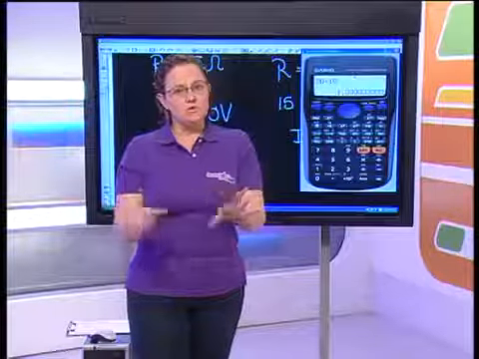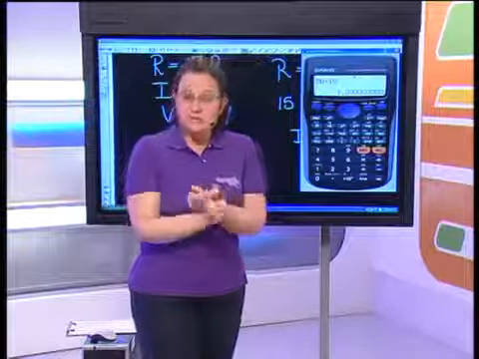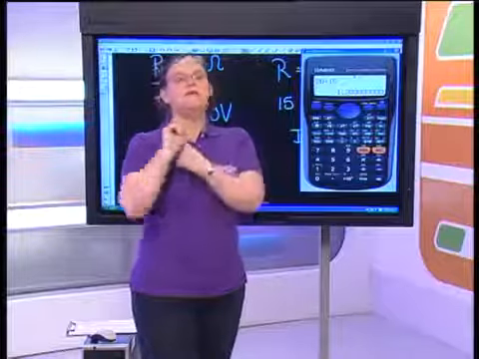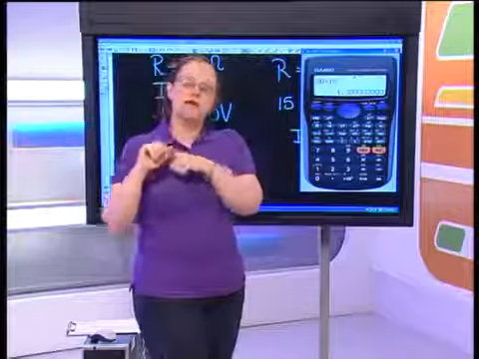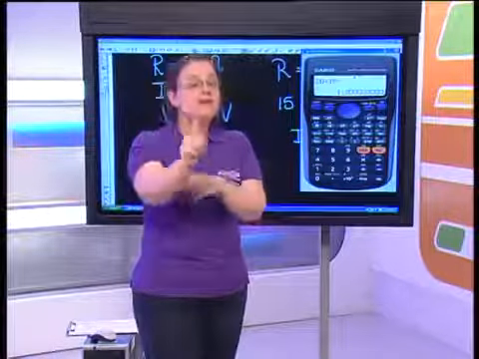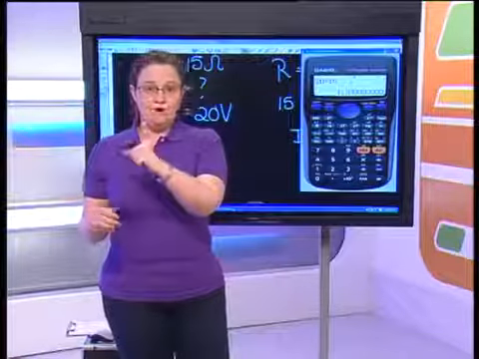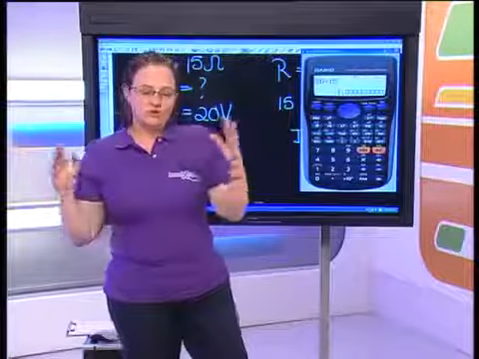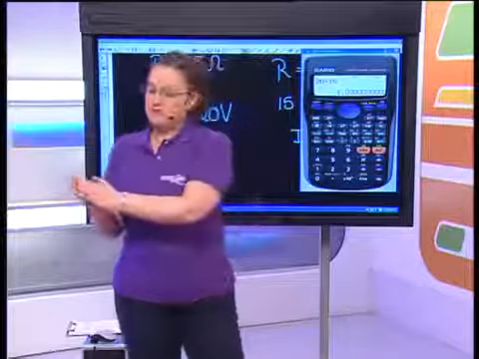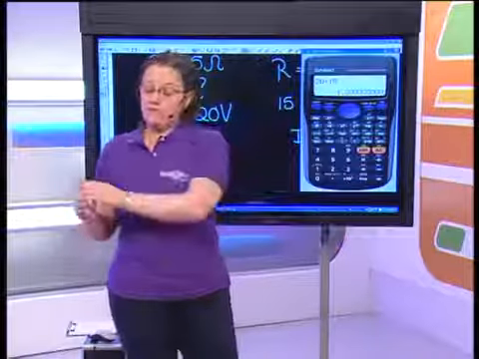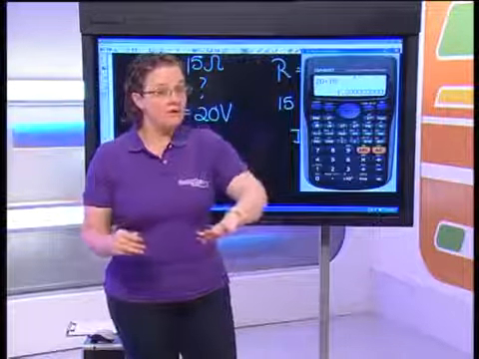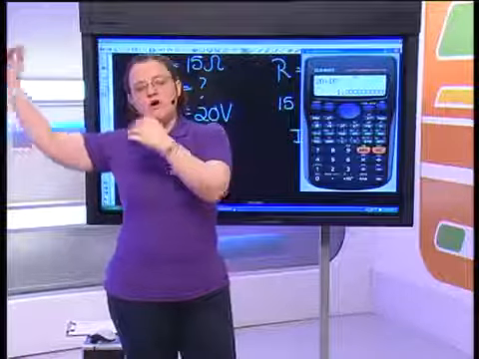Then we looked at Ohm's law, which says that the potential difference across a resistor is directly proportional to the current through the resistor, provided the temperature remains constant. And the equation for that was R equals V over I. Remember, for the total resistance of resistors in series, we simply add them all together. When they're in parallel, we go 1 over R parallel equals 1 over R plus 1 over R plus 1 over R.